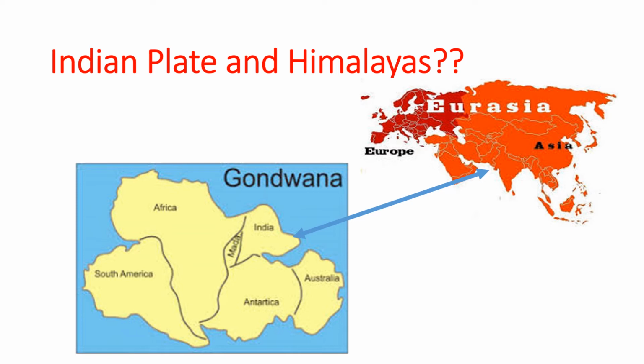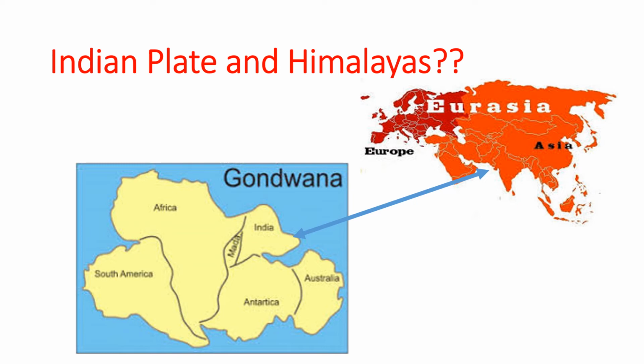Actually, these South Asian countries are part of the African land. The Indian plate, which separated from the African plate or African continent, produced the high Himalayas by colliding with the Asian plate.